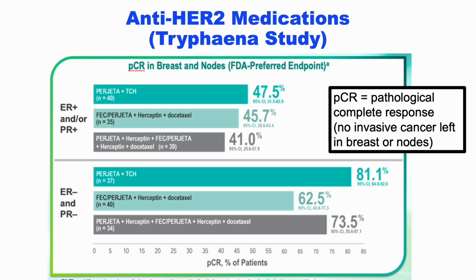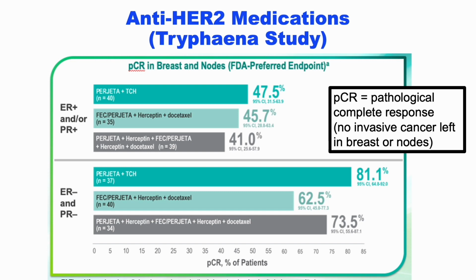And although the results are high for all groups, you see that patients that are ER and PR negative have the highest response rates. In fact, for one drug combination, what we call the TCPH regimen, 81% of the patients had no residual cancer found in the breast or lymph nodes when the patient went to surgery to have those areas removed. 81%.